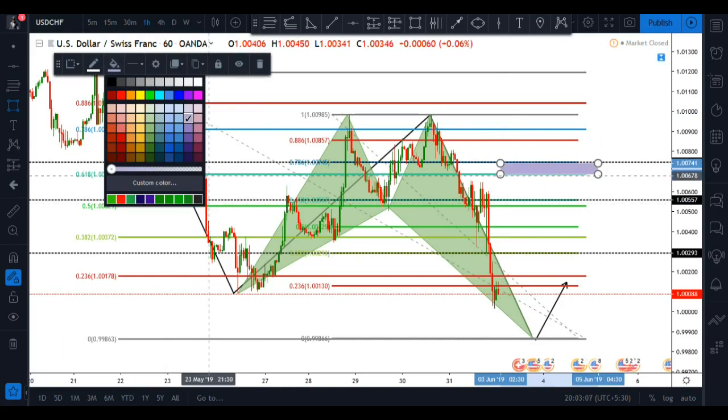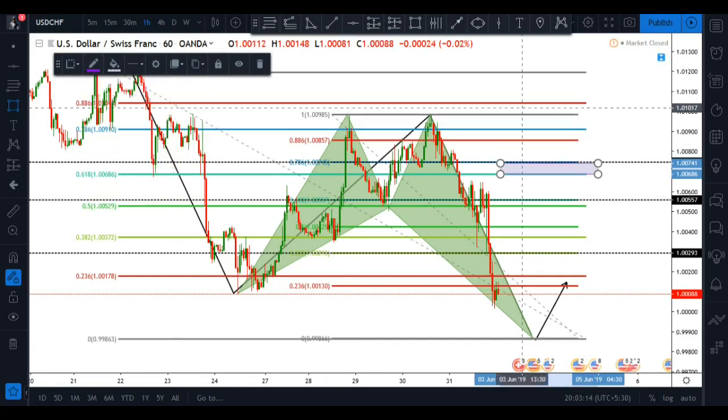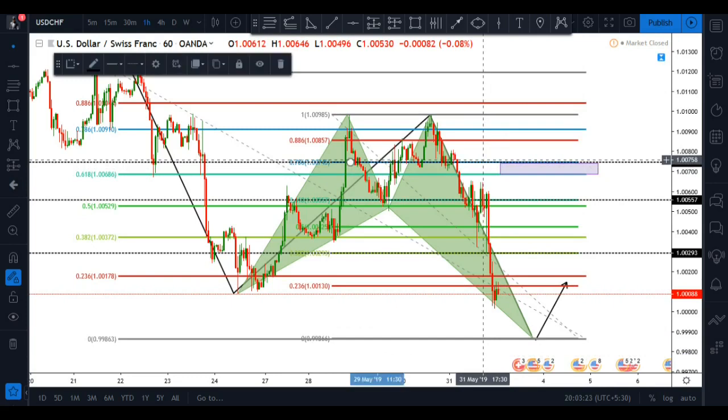So it's most probable that market might reach that level before reversing to the downside, before continuing this trend to the downside. Okay, traders, let me delete these Fibonacci tools. It's a bit confusing here.